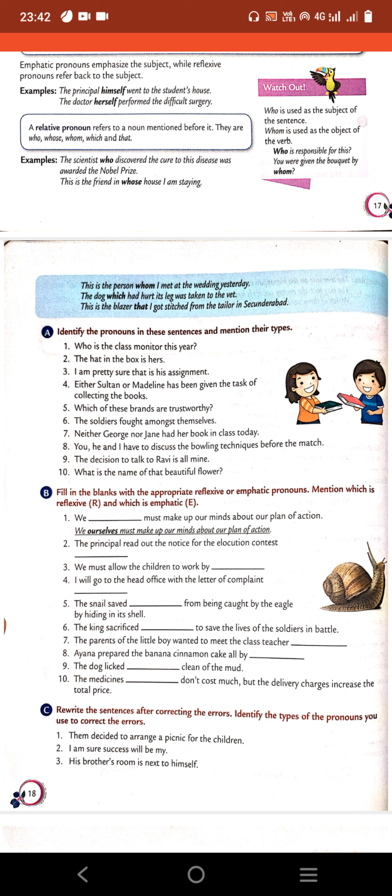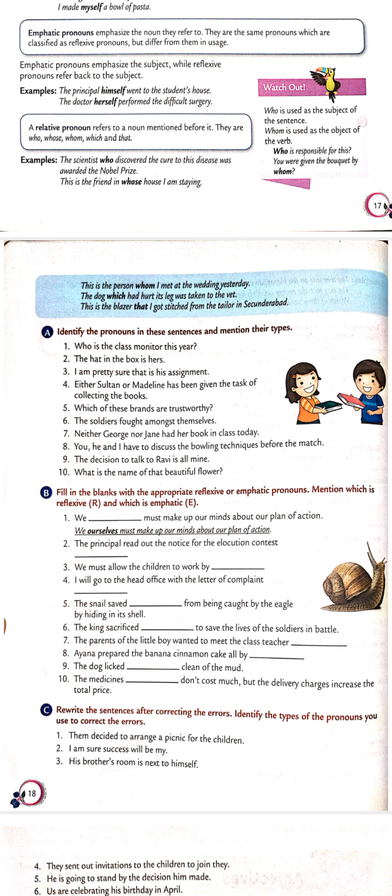So now, students, we have to do the very first exercise here. Identify the pronouns in these sentences and mention their types. Who is the class monitor this year? So who is an interrogative pronoun. The hat in the box is hers. So hers is what kind of pronoun?